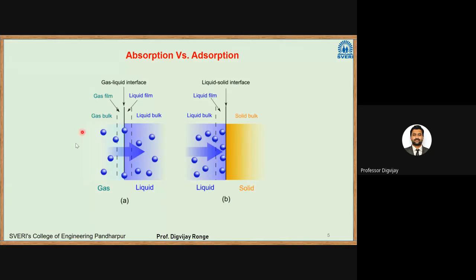Here in this case, these gaseous particles are diffused inside the liquid. So this phenomenon we call absorption. But what you see on the right side, if a liquid is applied on a solid surface, it adheres to the surface. So as it adheres to the surface, it is called adsorption.